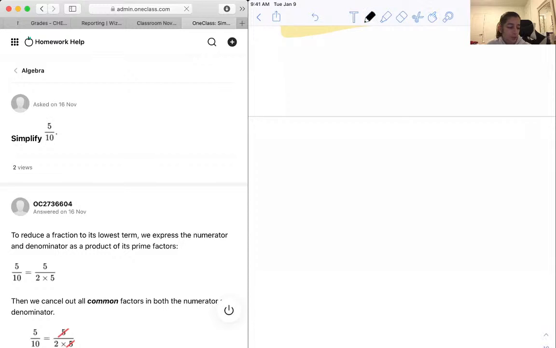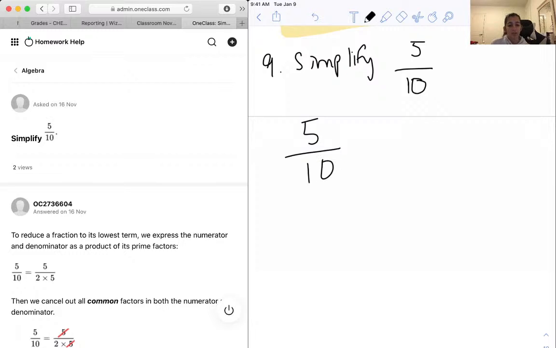Our next question asks us to simplify 5 over 10. Now, we can do this by reducing it to its lowest form. So 5 over 10. Think of a number that you can divide both by, because whatever you do to the denominator, you have to do to the numerator.